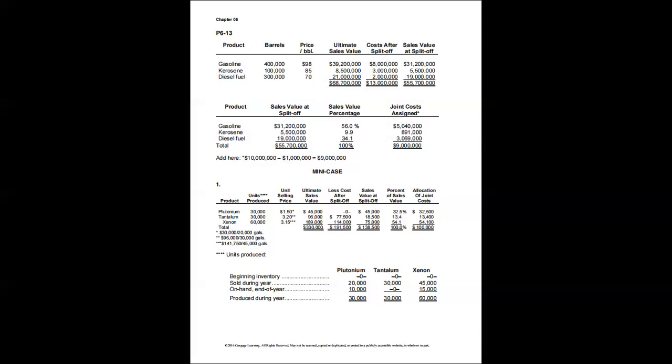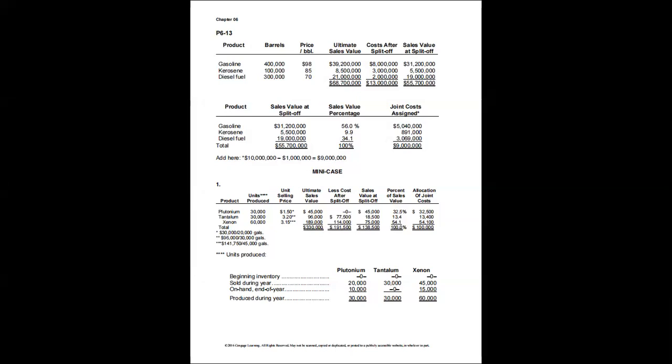All gallons on hand at the end of the year will complete as to processing. Kent uses the net realizable value of allocating joint cost. So number one, calculate the allocation of joint cost.